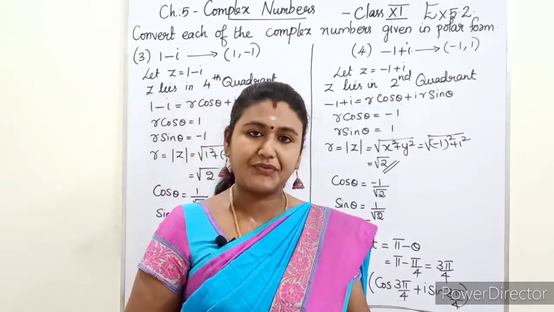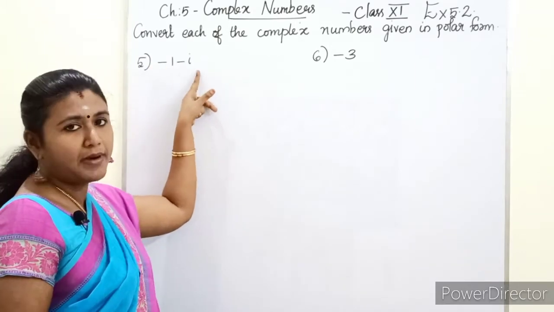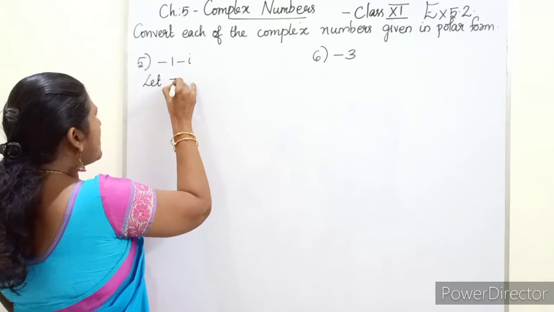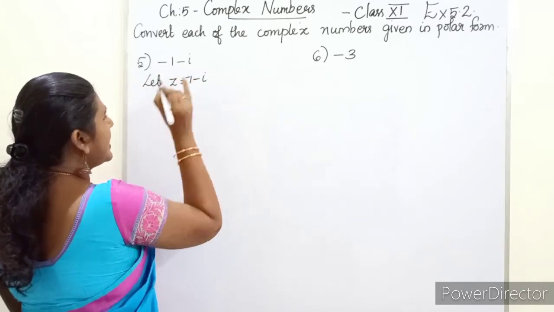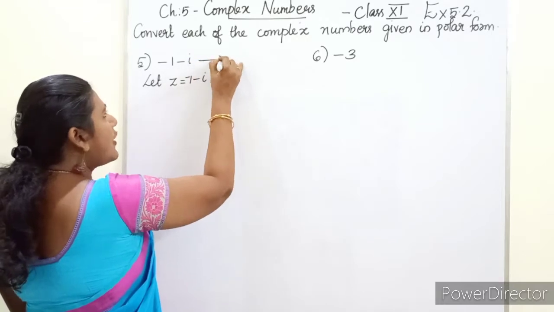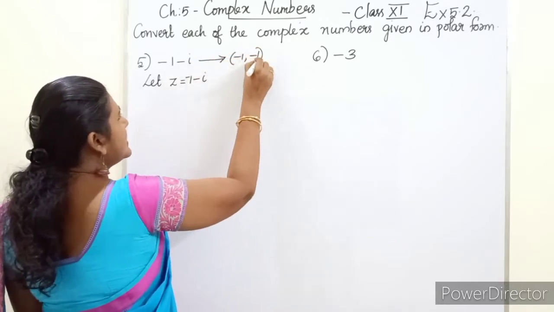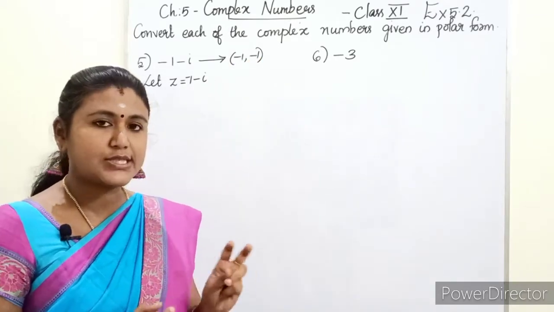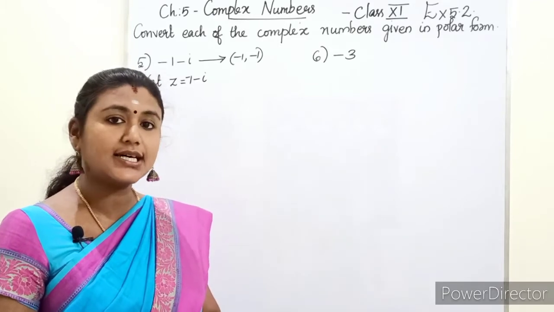Now we will see the fifth question. The fifth question is minus 1 minus i. First we will denote this complex number as z. Let z is equal to minus 1 minus i. So what is the ordered pair corresponding to this complex number? Minus 1 comma minus 1. And you know that if both the x coordinate and y coordinate are negative, then z lies in the third quadrant.